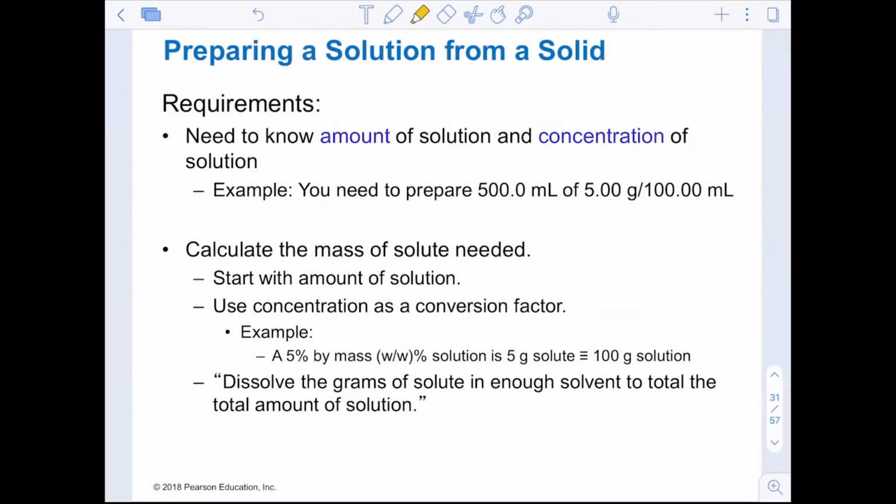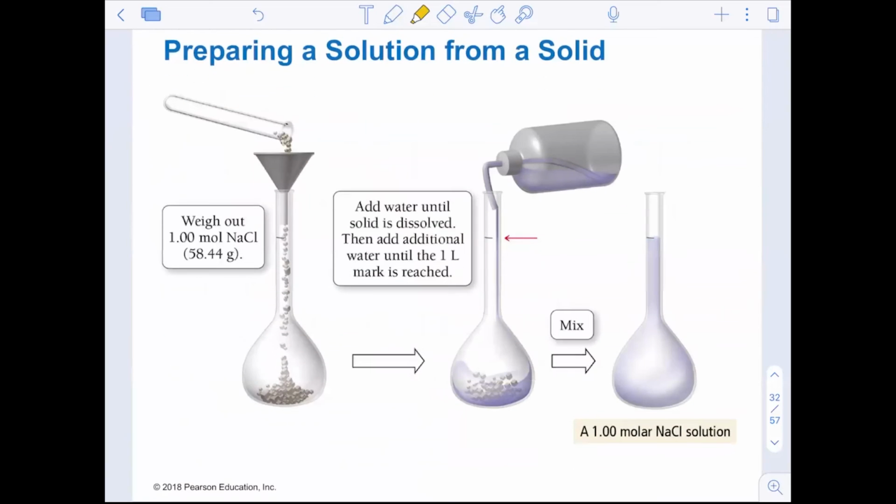There's a couple of different setups, but overall, if you're in the lab, you would dissolve the grams of solute in enough solvent to equal that total amount of solution, right? We've done these types of questions before where we weigh out a specific amount, we would pour it into a flask and then dissolve enough water. This is a volumetric flask.